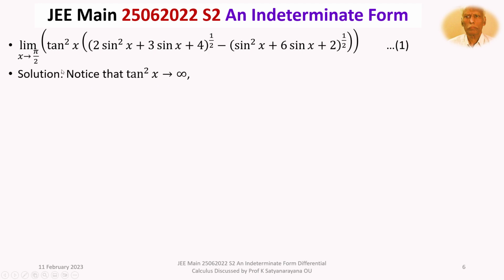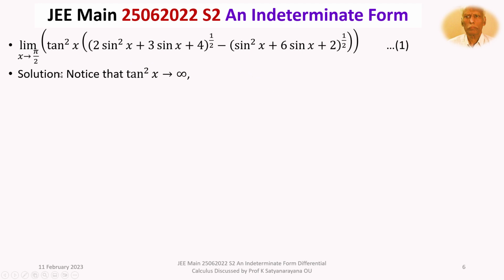We notice that tan square x tends to infinity as x tends to pi by 2. Also 2 sin square x plus 3 sin x plus 4 tends to 9 as x tends to pi by 2, so to the power of 1 by 2, that will be 3. Minus sin square x plus 6 sin x plus 2 whole to the power of 1 by 2 will tend to root of 9, that is 3.